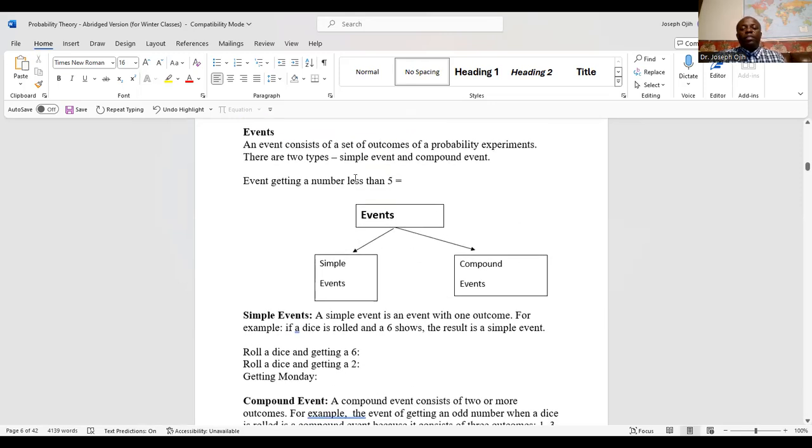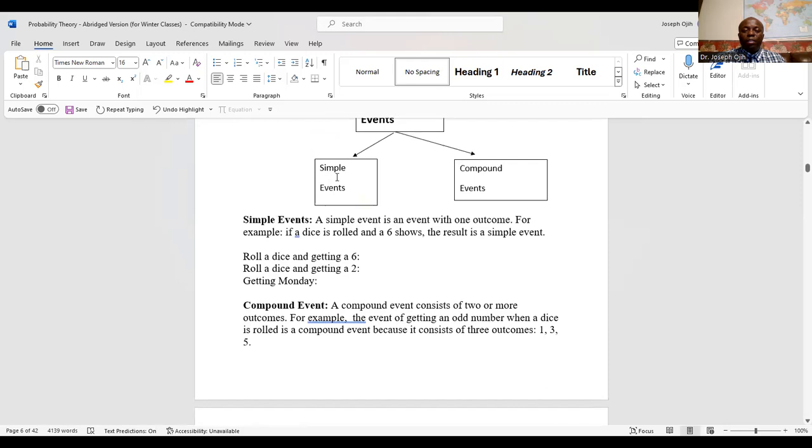Now let's look at events, more concepts. An event consists of a set of outcomes of a probability experiment, and there are 2 types of events: the simple event and the compound event. A simple event has 1 outcome.